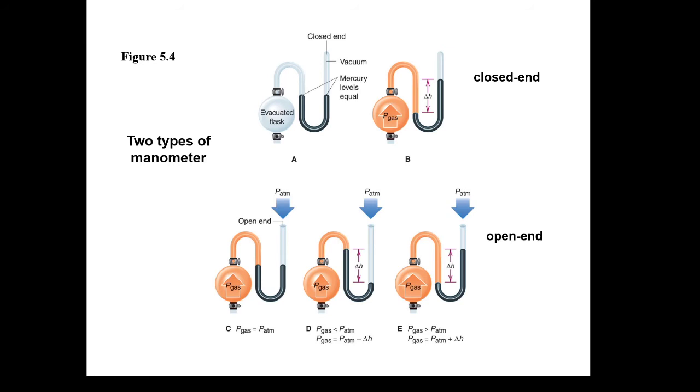That being said, I can assume that if I know my atmospheric pressure, I know the pressure of my gas. Over here, atmospheric pressure is pushing, my gas is pushing. The mercury is moving in this direction, which means the atmospheric pressure must be pushing with a greater force than my gas.